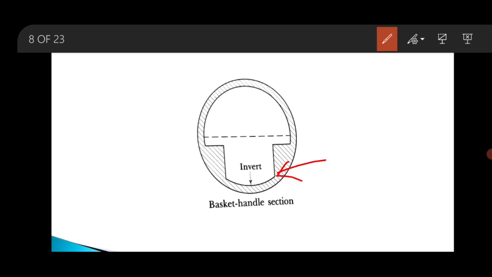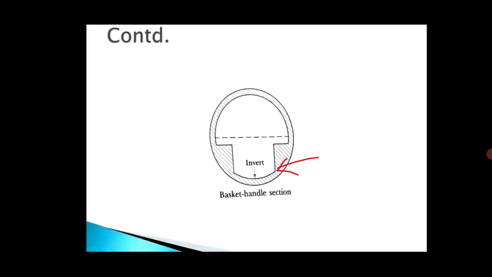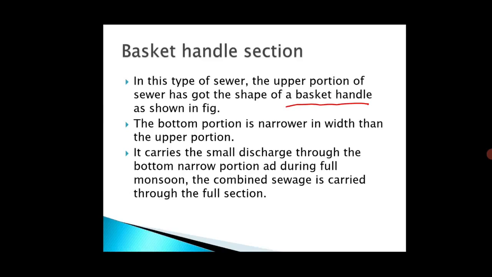So the bottom portion will carry the small discharge, and during monsoon when there is heavy discharge, the combined sewage is carried through the full section. Okay, so this is the basket handle section.